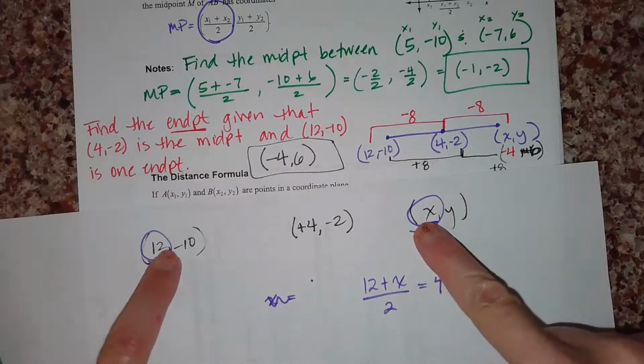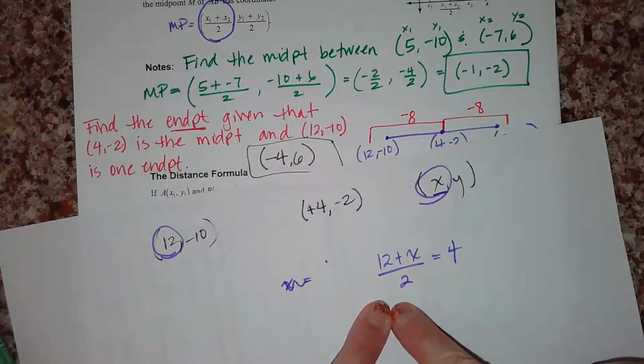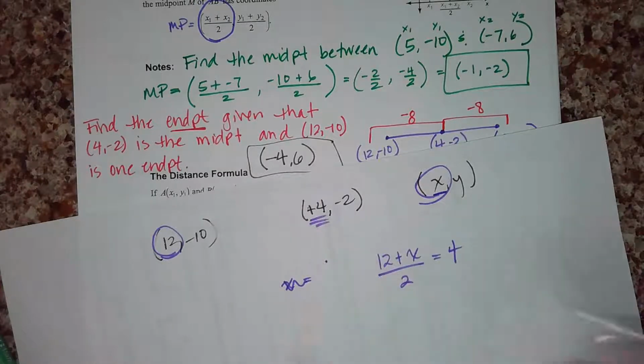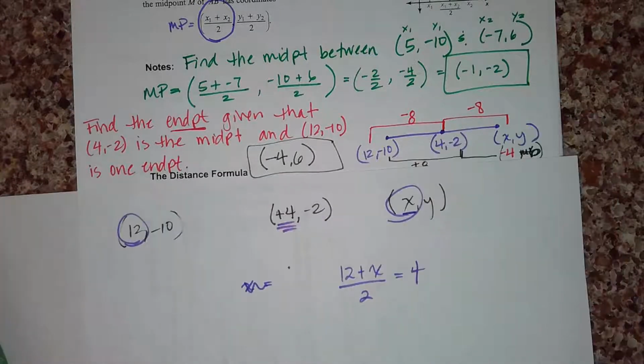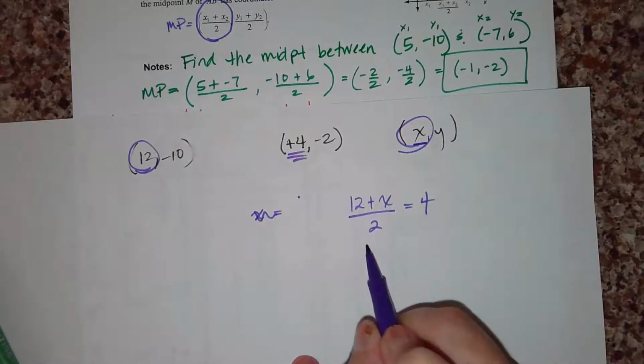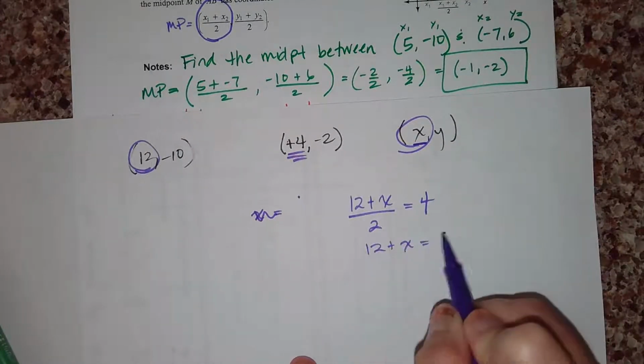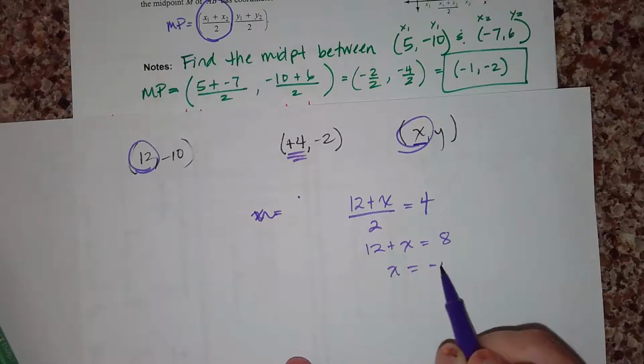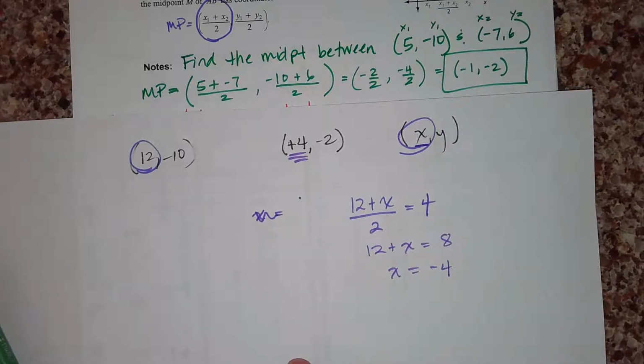Add up these two, divide by 2, so average them. It has to equal this value here in the middle. And then you can just do algebra. You could solve for x. So multiply both sides by 2, and then subtract 12. You'll still get the same answer that I got before.